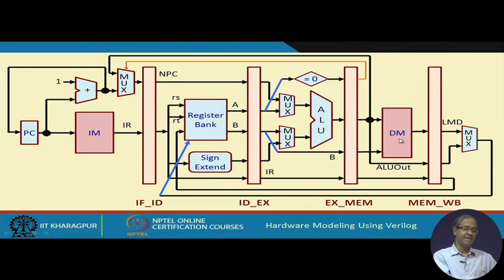Suppose you had a single memory, then you could not do these two things together. That is why I have separated them out, instruction memory and data memory, so that this kind of structural hazard can be removed. Instructions will be stored in one memory, data in another memory, something like that we can assume.